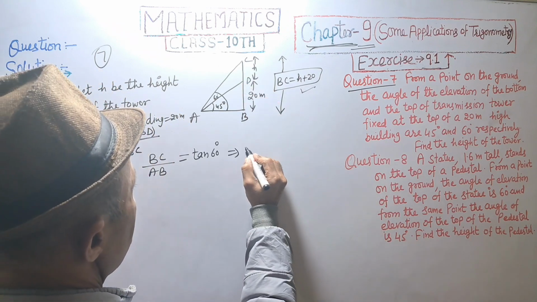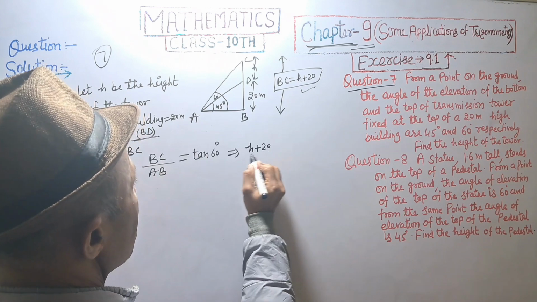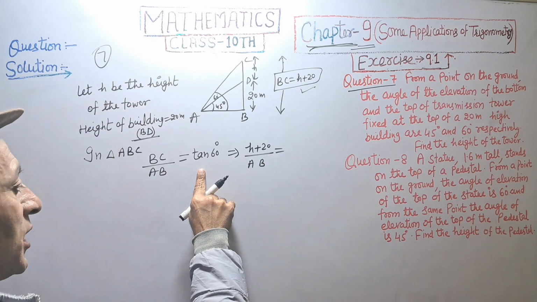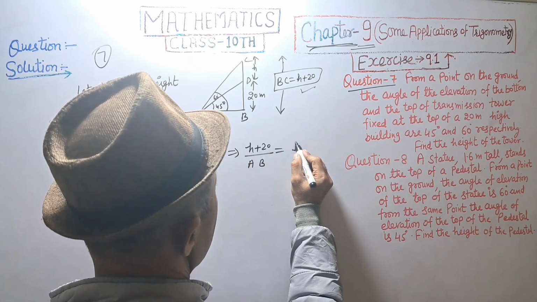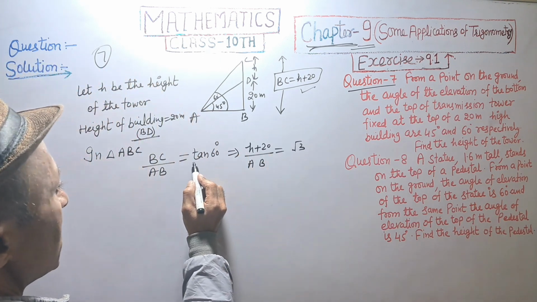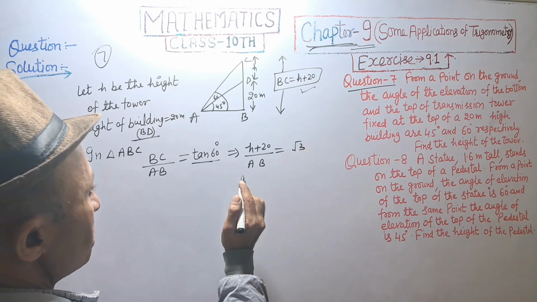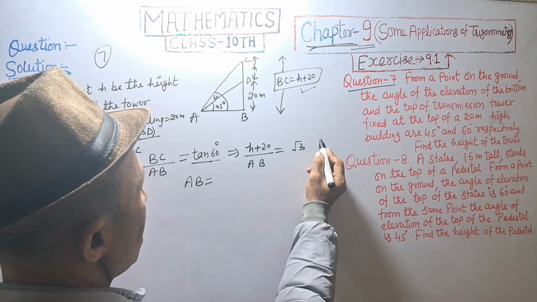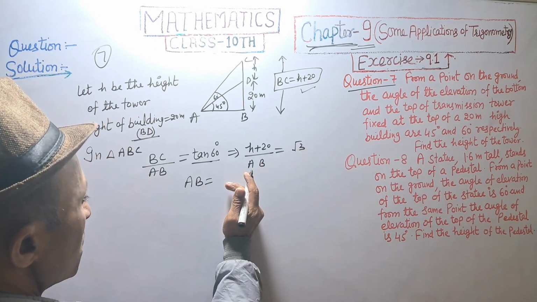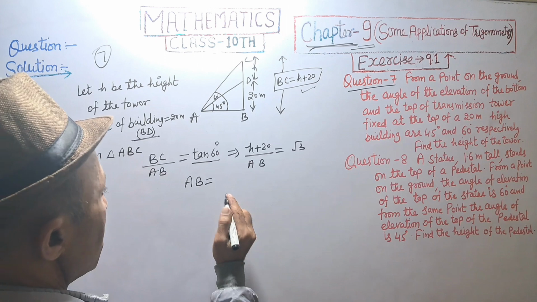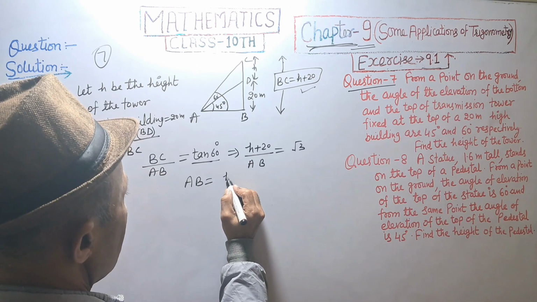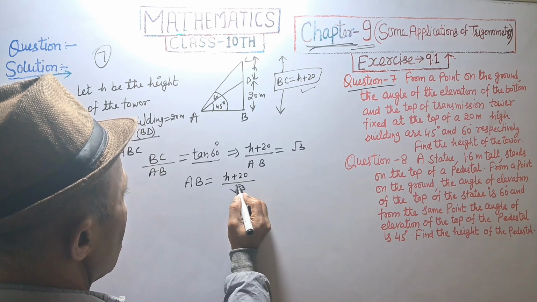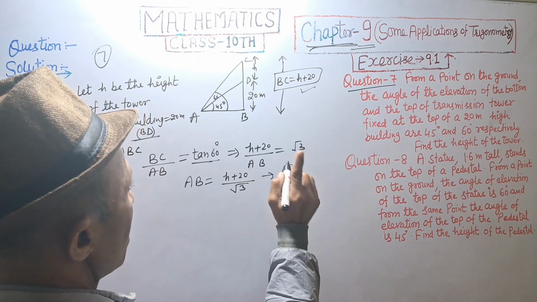This implies BC, that is h plus 20, divided by AB is equal to tangent 60, which is root 3. Tangent 60 degrees is equal to root 3, so AB is equal to h plus 20 upon root 3. It's equation number first.